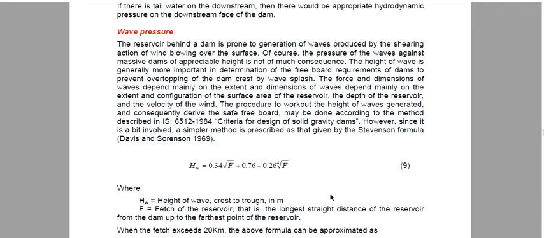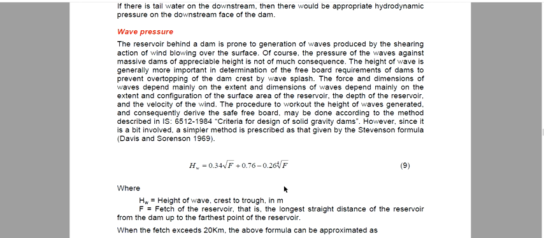That means the largest difference between the succeeding two vertices, one is the crest and one is the trough. This value of height of wave is in meters, and F is the fetch of the reservoir. This is the longest straight distance of the reservoir from the dam up to the farthest point of the reservoir.